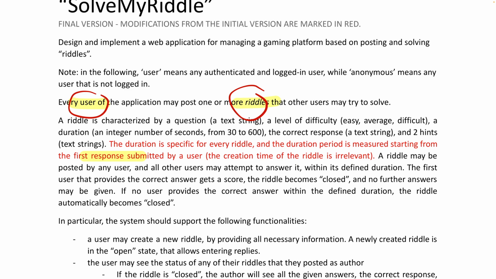At this point we can't. You know what I mean? We are not saving anywhere the answer that a user has given to a specific riddle. Based on that, we can infer that we will also have to represent this response as a different entity.